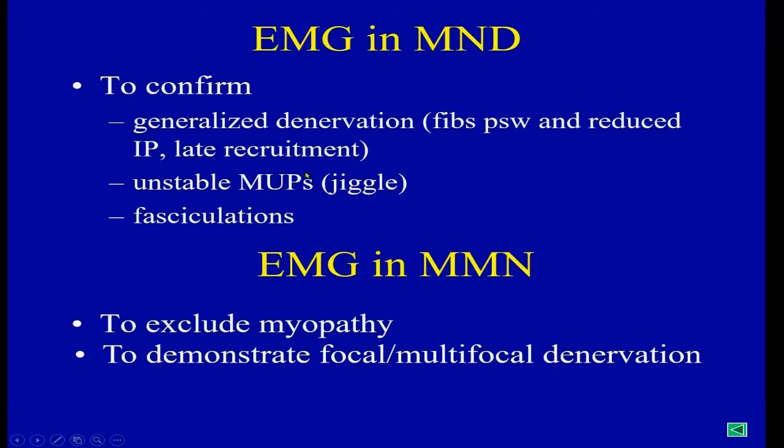And multifocal motor neuropathy with conduction block is another diagnosis that we have to think of. We should demonstrate multifocal denervation, not, for example, seen in all forearm muscles, and we should exclude myopathy that sometimes can simulate the condition.